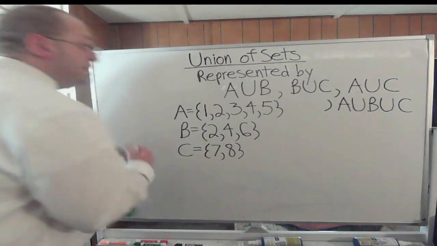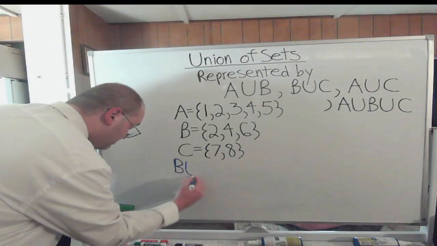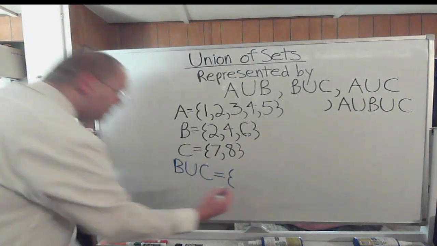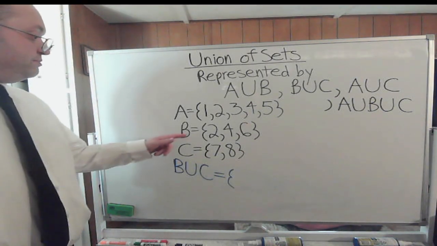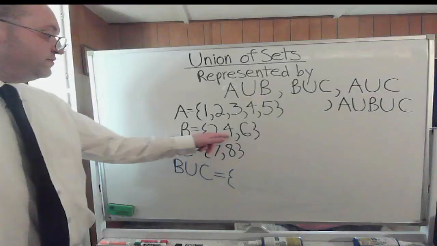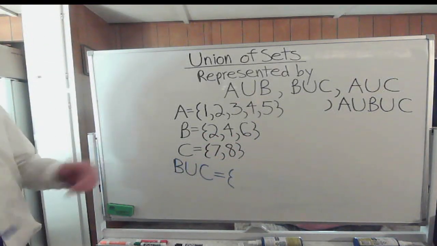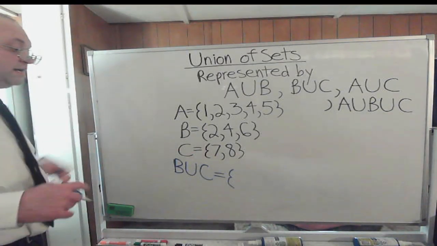Okay. Now next, let's do B in union with C. So let's unite sets B and C. What would that look like? Build your set notation. In B, you have 2, 4, 6. Then in C, you have 7 and 8. You have no repeating elements, so that makes it nice, and it seems to be in numerical order already.